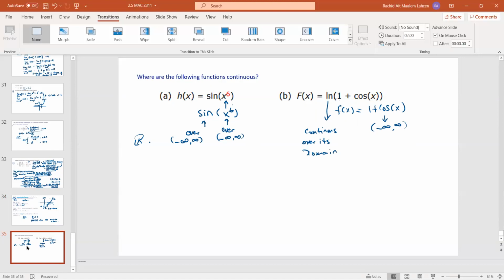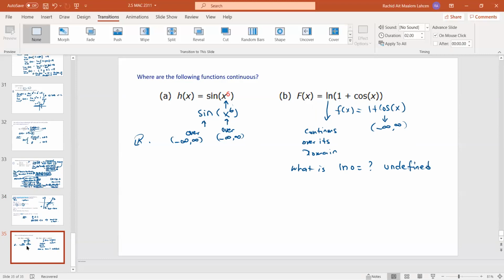So what's the issue that happens? If you do it on your calculator, what would log of 0 be? It's undefined.